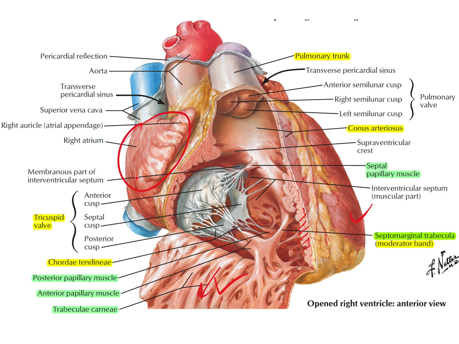However, this is the right atrium, and the blood moves from the right atrium to the right ventricle. And there is an orifice, the atrioventricular orifice, that is guarded by the tricuspid valve.